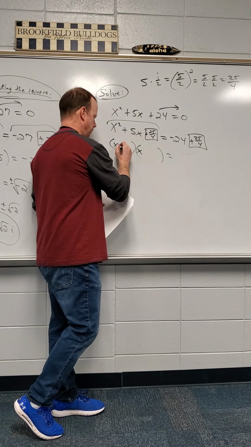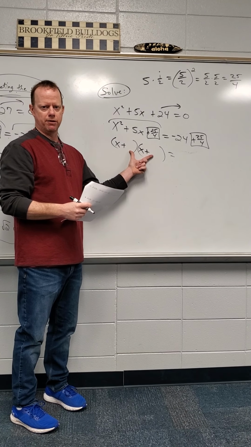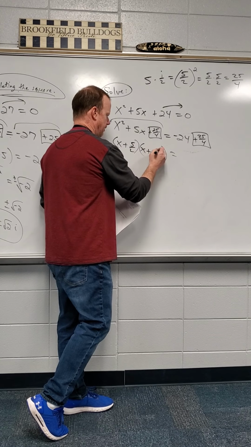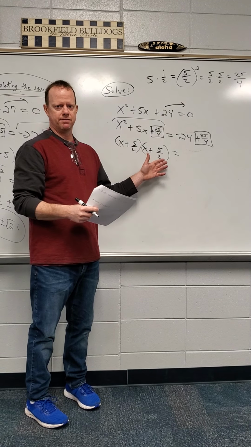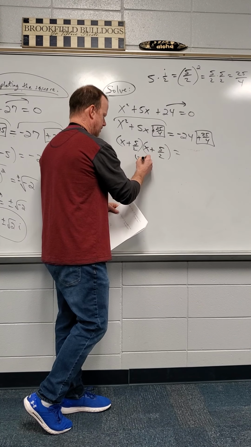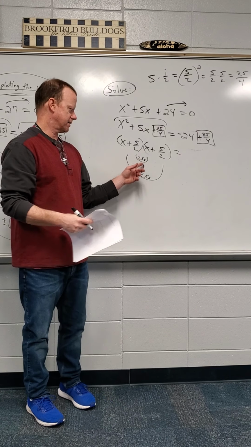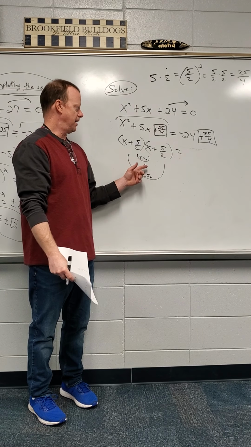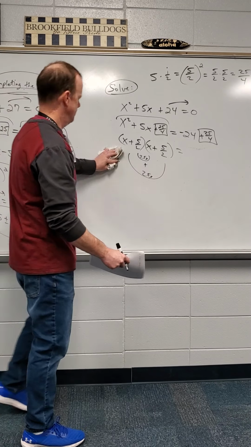It's going to be plus, plus, and then these numbers here will always be your middle term cut in half. 5 cut in half is 5 halves, so 5 halves and 5 halves. 5 halves times 5 halves gives us our 25 over 4, and 2.5x, 2.5x, our nose and smiley face, 2.5x plus 2.5x adds up to our middle term 5x. So that's the way it factors.